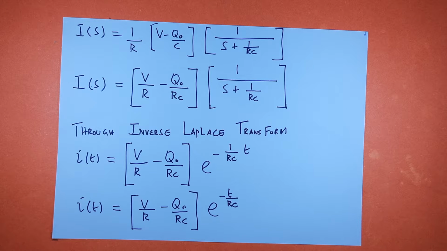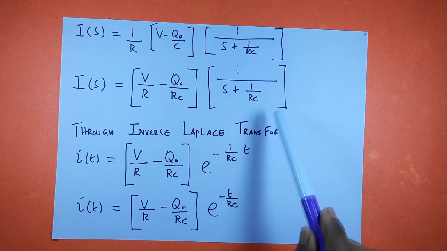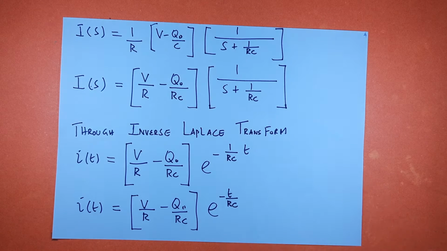Through the inverse Laplace transform, i(t) equal to V by R minus Q naught divided by RC, and this term is going to be e power minus 1 by RC into t. So that is nothing but i(t) equal to V by R minus Q naught by RC multiplied by e power minus t by RC.